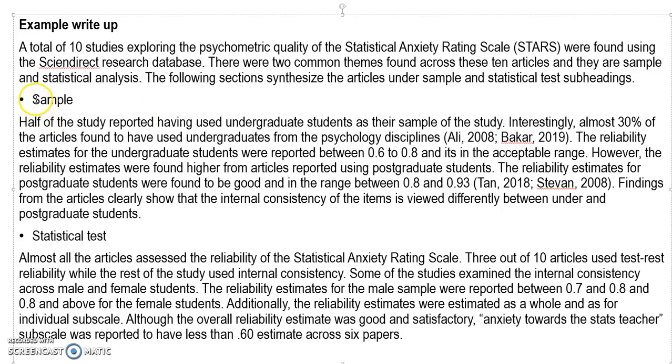Okay, so my first theme is sample. And when I'm talking about sample, I have said that half of the studies have reported using undergraduate students as their sample. Meaning all of the papers that I found have samples, but half of them I noticed are undergraduate and the other half are postgraduate students.